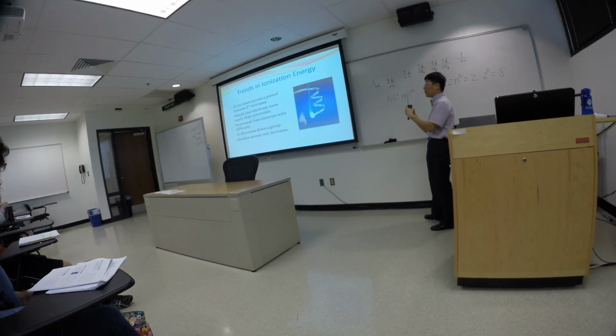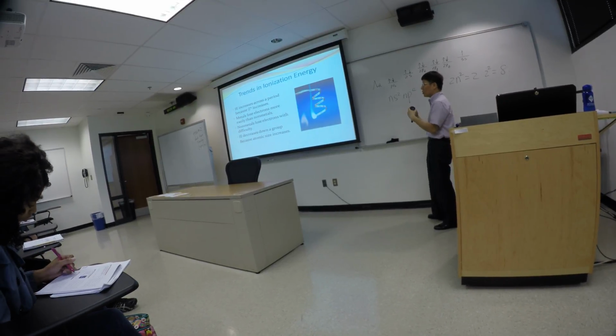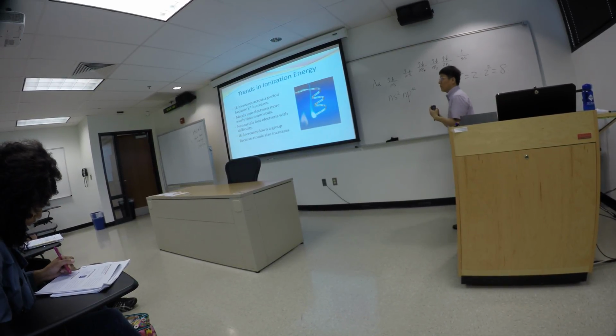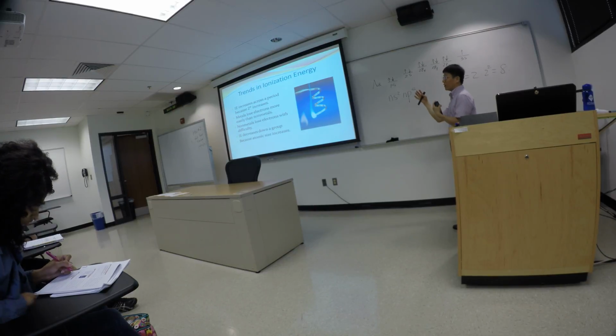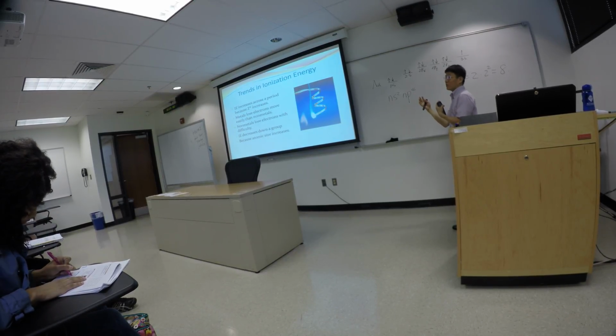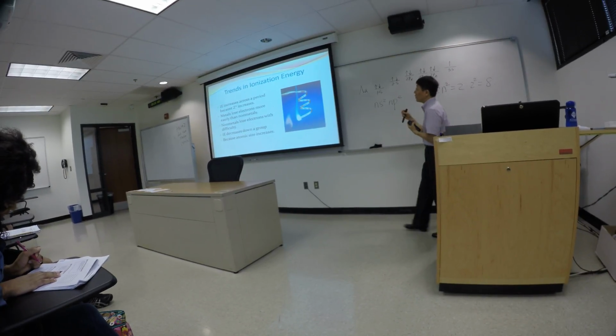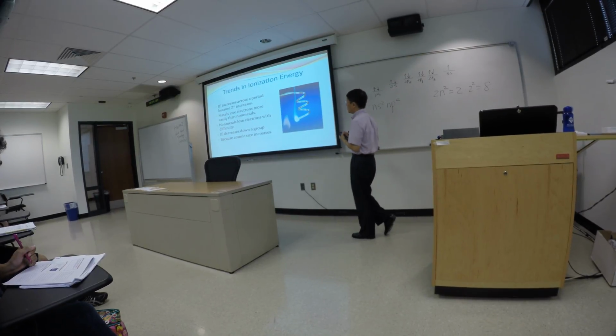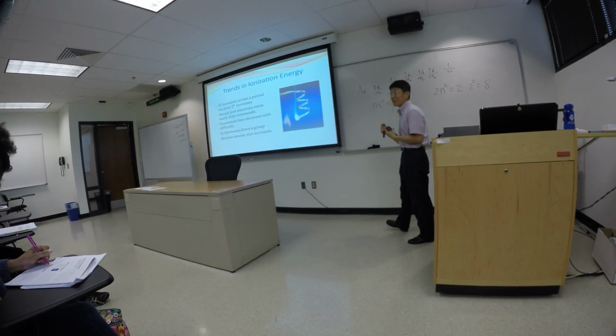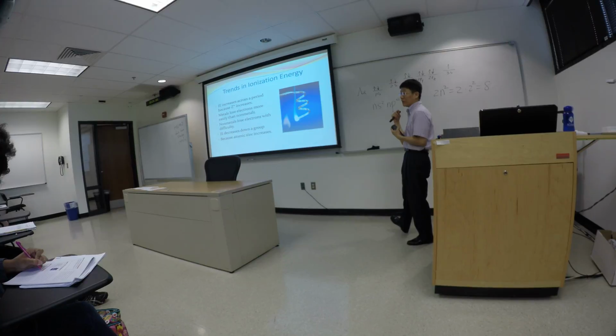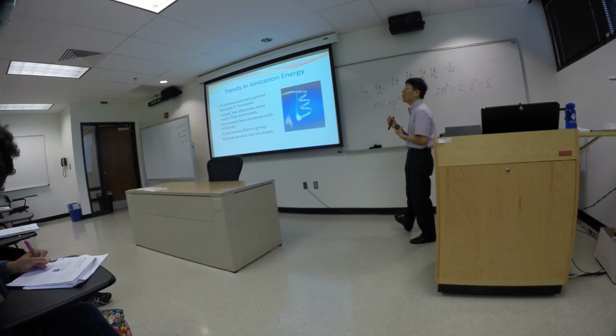Those two electrons are closer to the positively charged center, essentially blocking part of the attraction between the nucleus and the third electron, the valence electron. So removal of that electron is easier. The effective nuclear charge is decreasing, comparing hydrogen and lithium, so removing that electron becomes easier.